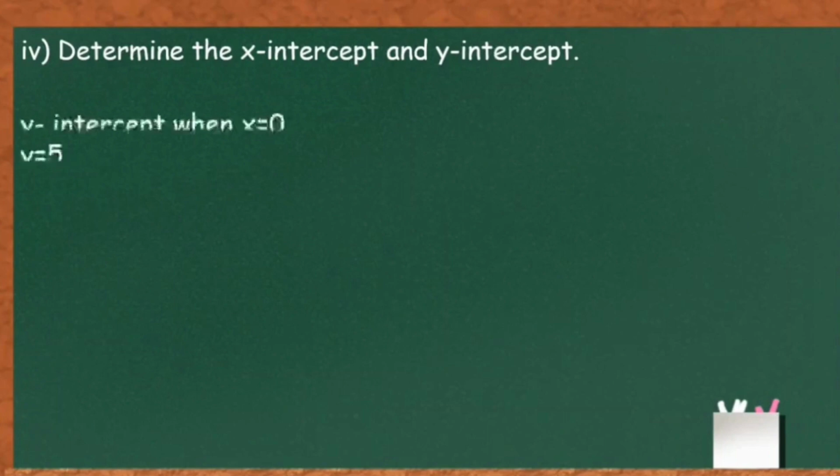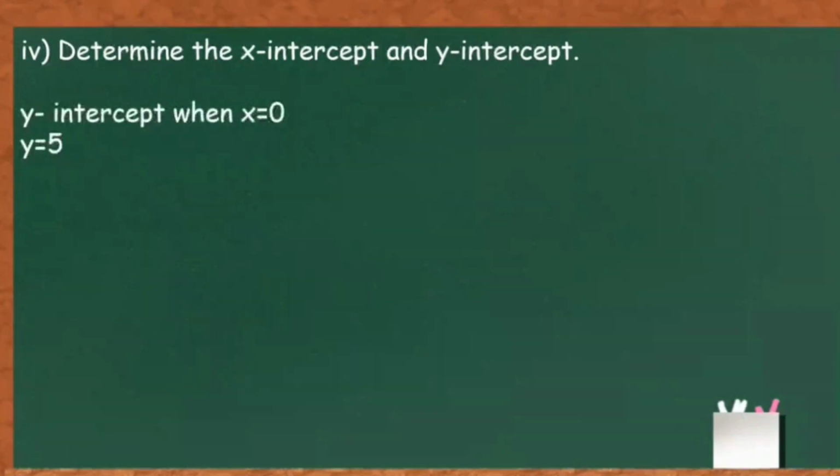First, let's find the y-intercept. When x equals 0, y equals 5. How do we get y equals 5? We substitute 0 into the first equation, y equals 3x cubed minus 8x squared plus 5, so we get y equals 5. Next, let's find the x-intercept.